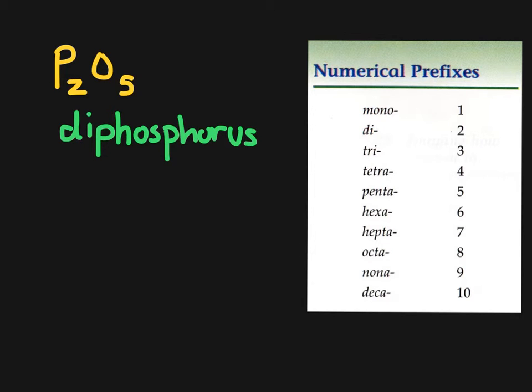And 5 has the prefix penta, like in your geometry classes, pentagon. So we have to call this diphosphorus pentoxide. Now you might be wondering, Mrs. Smith, where did the A go? Well, we don't put A and O together in the English language. So we drop the A and we just call it pentoxide.